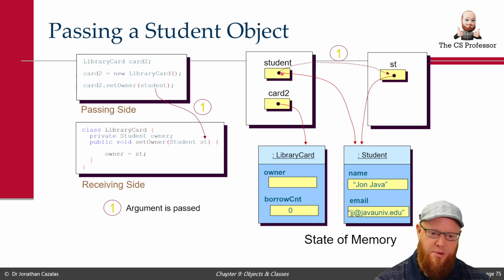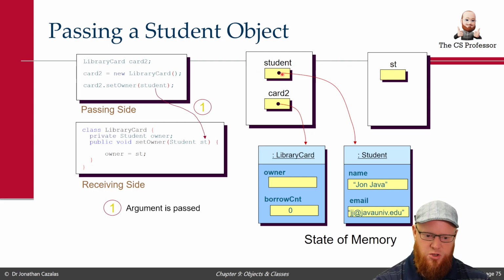So here's what's happening. We have here two variables, student and card2. Student is pointing over to the student object. Card2 is pointing over to this library card object. This student object has already been created that we showed you on the previous slide. So now, when we do step 1 and we send over the reference saved inside this actual parameter student, we send over that reference, that address, it's now going to get saved inside this formal parameter st, which means what?